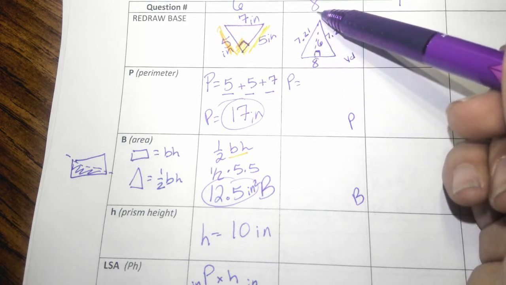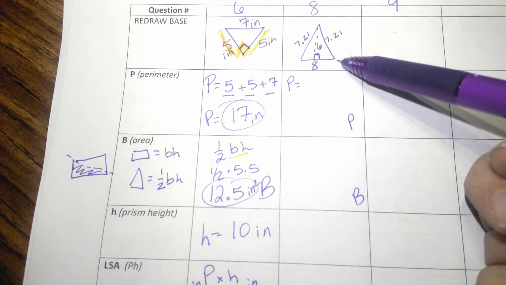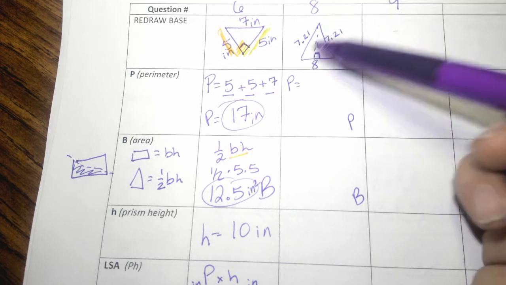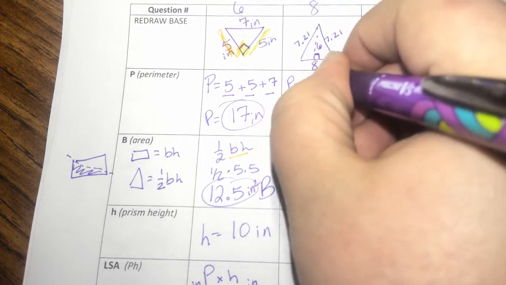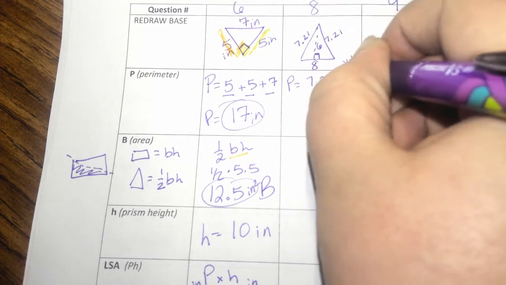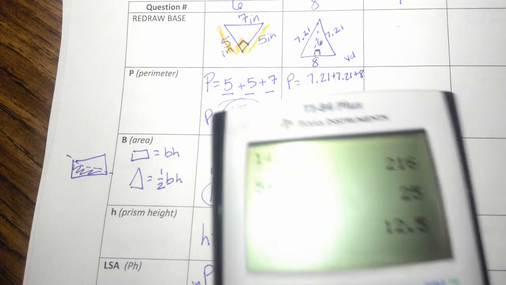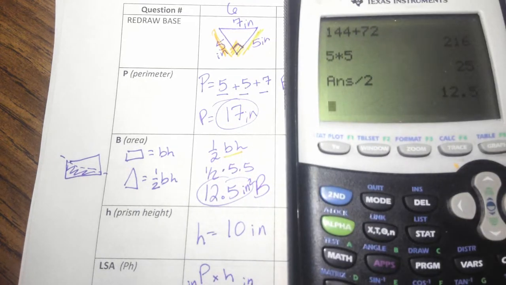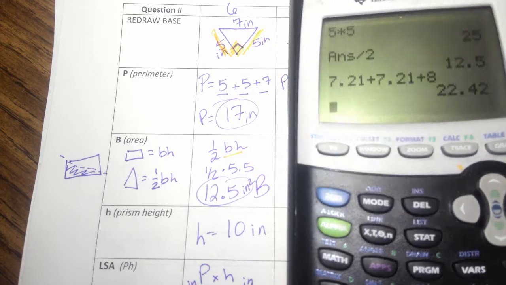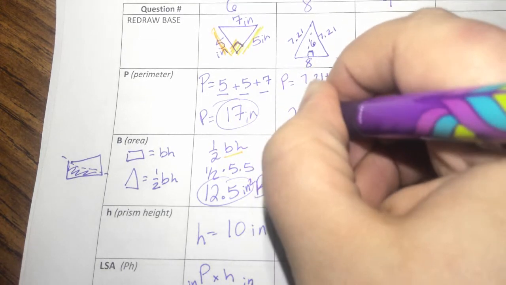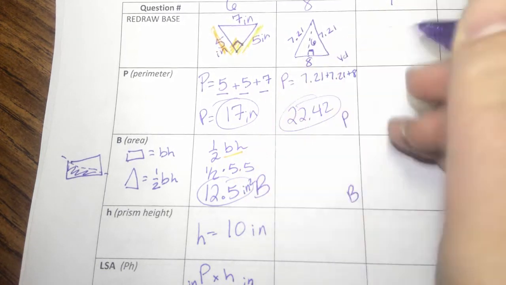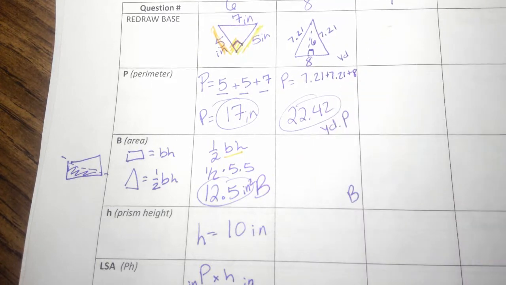So we've added 7.21 plus 7.21 plus 8. The 3 outside edges of the triangle summed together is 22.42. That's yards.